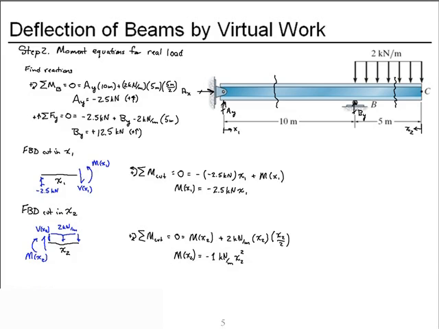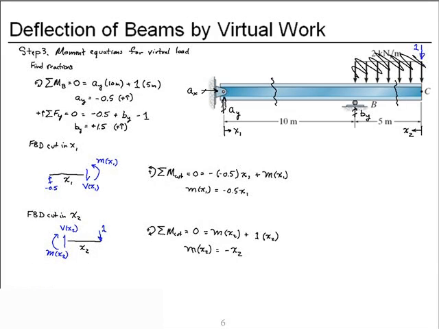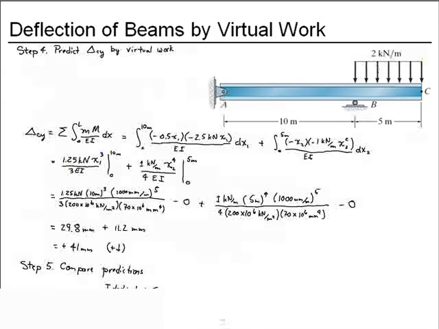And so I started where the moments would be 0. We have to keep the same coordinate axes for the moment equations for the virtual load. Then we combined them, integrated them, divided them by EI, and came to a prediction of vertical deflection that matched exactly with our prediction at the beginning based on formulas from the front of our textbook.